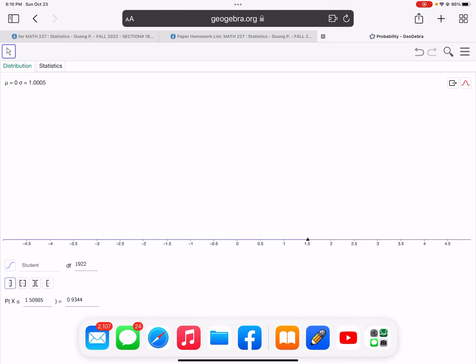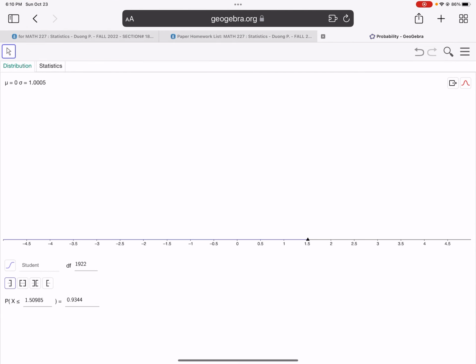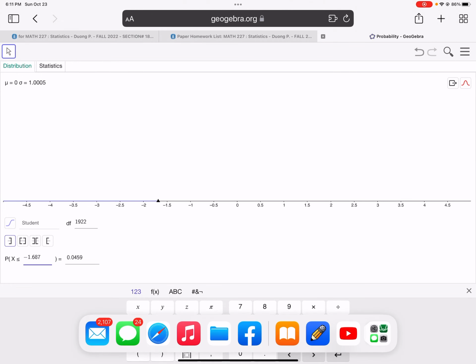And we will input the number negative 1.687. So we got the p-value is 0.0459.